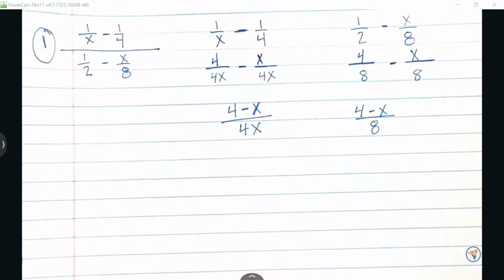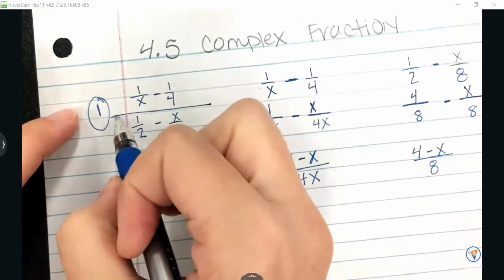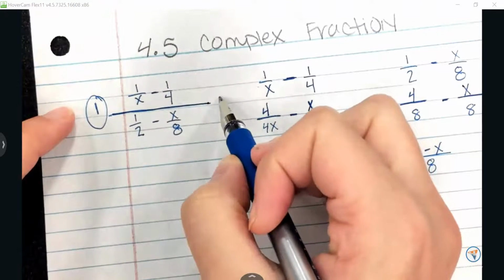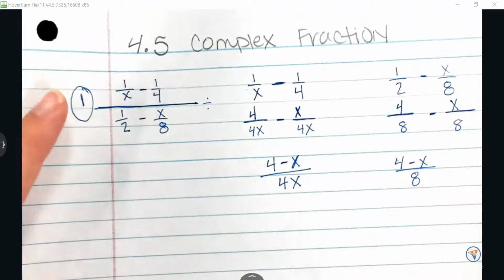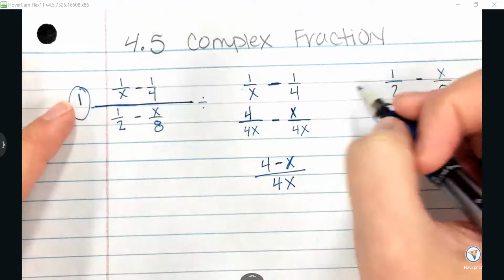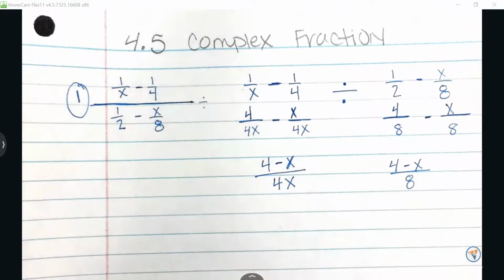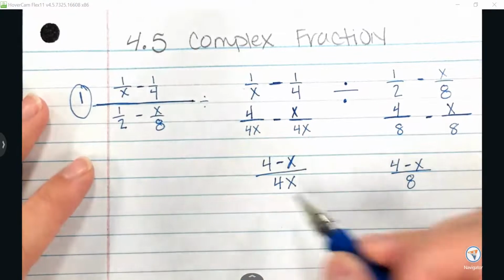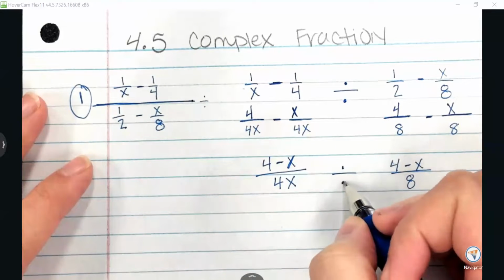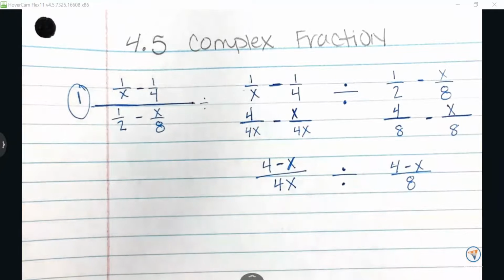So I have 2 new fractions. When I see this big fraction line, that truly means that I'm dividing. So what I'm doing is I'm taking the top and I'm dividing by the bottom. So now I have my first fraction and I'm dividing by my second fraction.